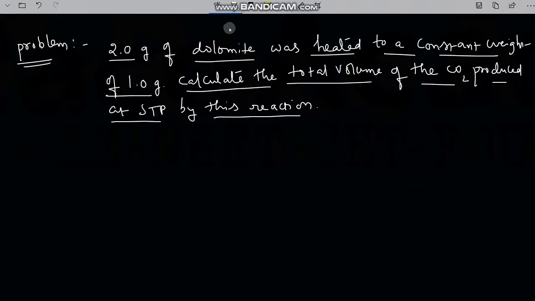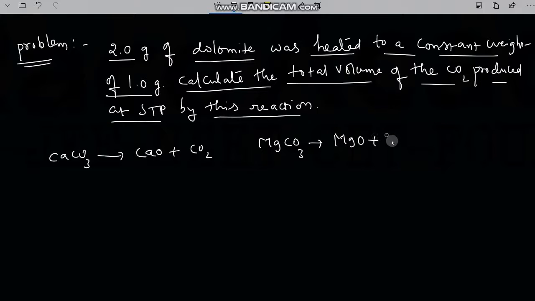Actually, dolomite is a mixture of magnesium carbonate and calcium carbonate. We know calcium carbonate decomposes to CaO and CO2. Similarly, magnesium carbonate, MgCO3, decomposes to MgO and CO2.